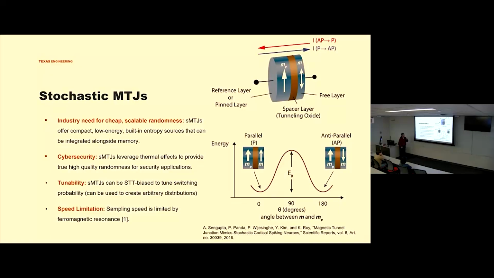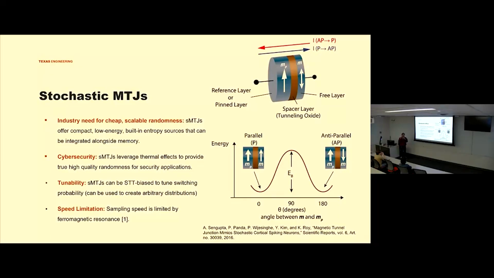So we turn to MTJs because we can leverage thermal effects and create an entropy source using them. You can actually create true random numbers, which solves the cybersecurity case. It's also tunable, which allows you to create custom distributions instead of having to sample strictly from a uniform distribution.